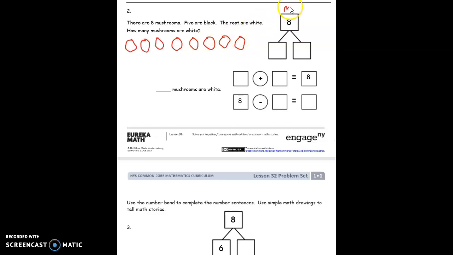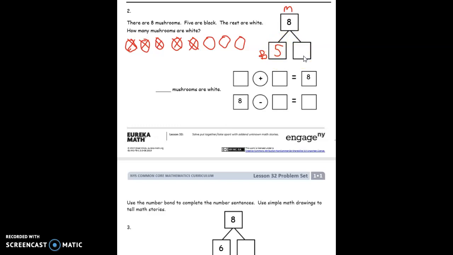An M for mushrooms. 5 are black and the rest are white. Go ahead and mark your 5 black. After you mark 5 of your mushrooms, go over here and put a B for your black mushrooms. And we have 5 of them.